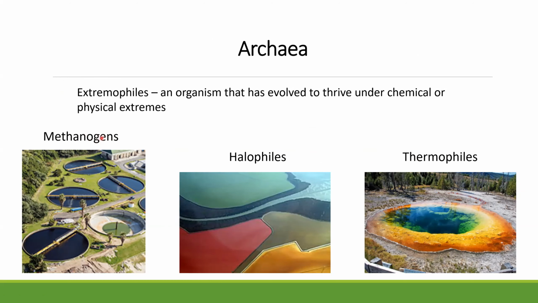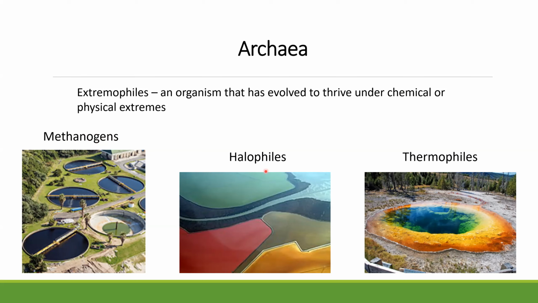So we have methanogens, and this is showing how we take advantage of these microorganisms in water treatment. So methanogens can produce methane, and they are really good at breaking down sludge found in sewage systems. So a lot of countries take advantage of these organisms in water treatments.